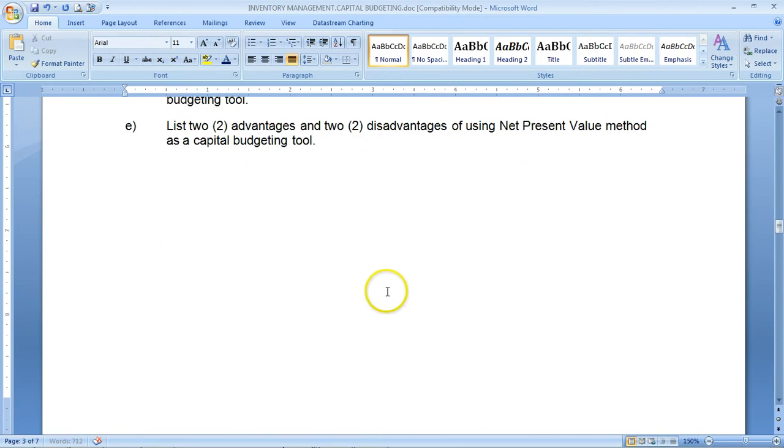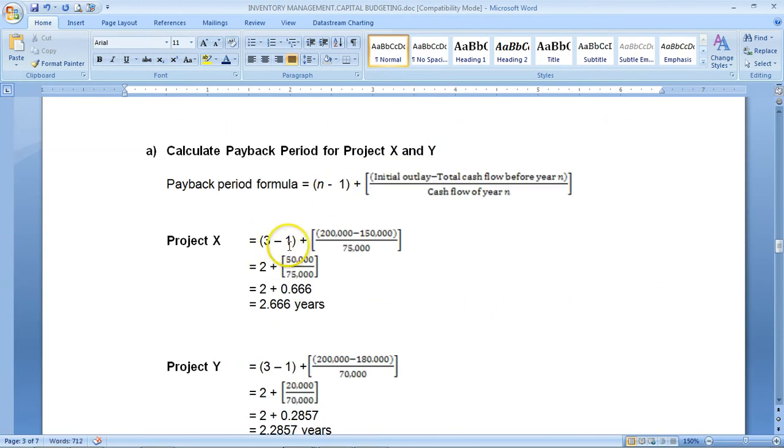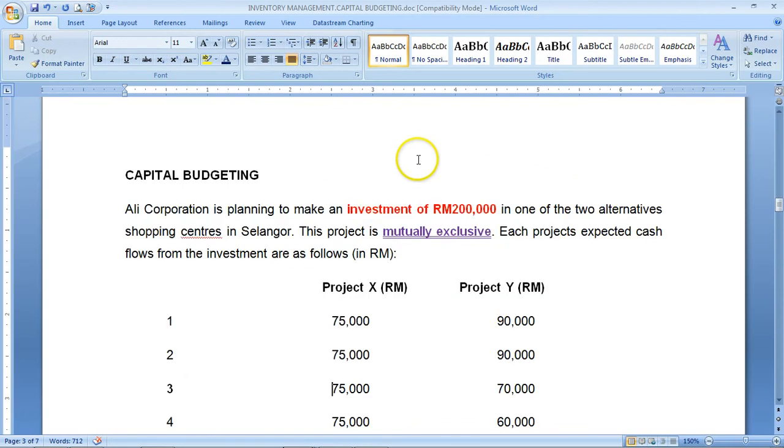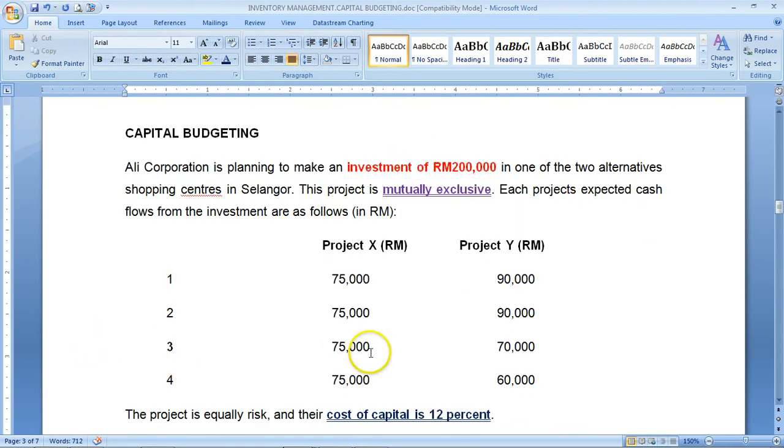Very good. So you put 3 minus 1, that is the formula. And what is your initial outlay? Correct, 200,000, minus total cash flow before year N. Just now you chose year 3, correct? Why year 3? Because it takes almost 3 years to cover 200,000.